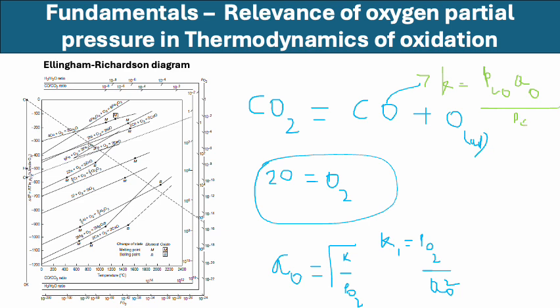That is because CO2 and CO are in gaseous state, but oxygen is absorbing on the surface as atom. It's atomic oxygen. So using this relation, the inverse of this ratio, PCO by PCO2, that's the line here, the inverse of this.